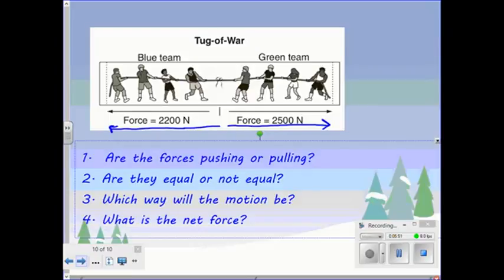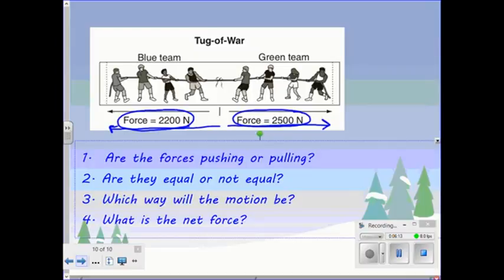So are they equal or not? Yeah, they're not, because the green team is pulling with 2,500 newtons. Blue team is pulling with 2,200 newtons. So which way is this tug of war going to go? Yeah, to the right. Good job.